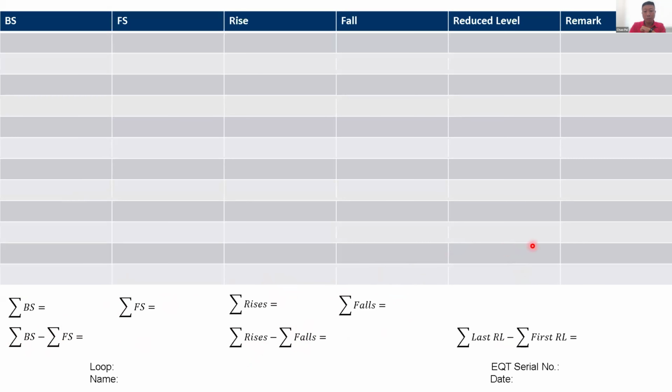Then you use your last reduced level minus your first reduced level, you get the last number. Then you compare these three numbers whether they are the same. If they are the same, then you can proceed further to do your misclosure adjustment.